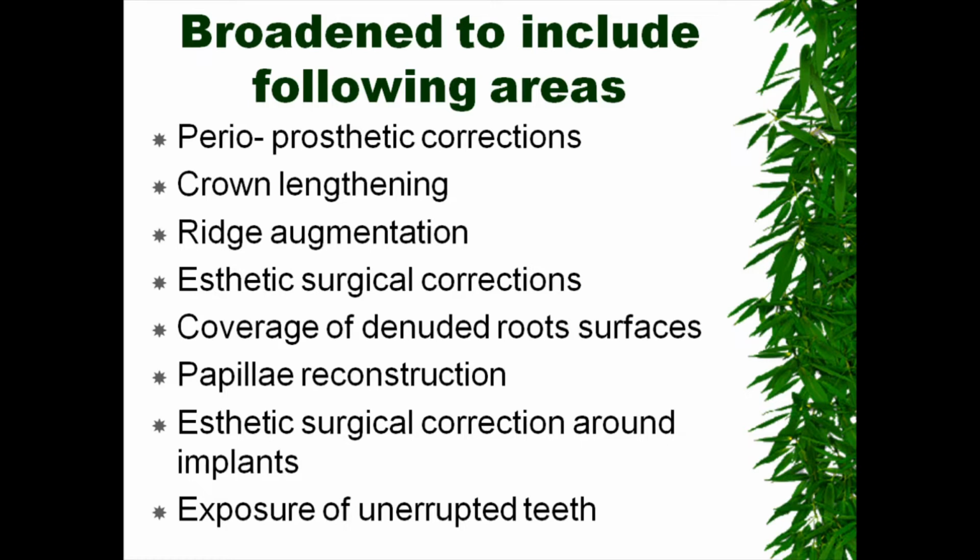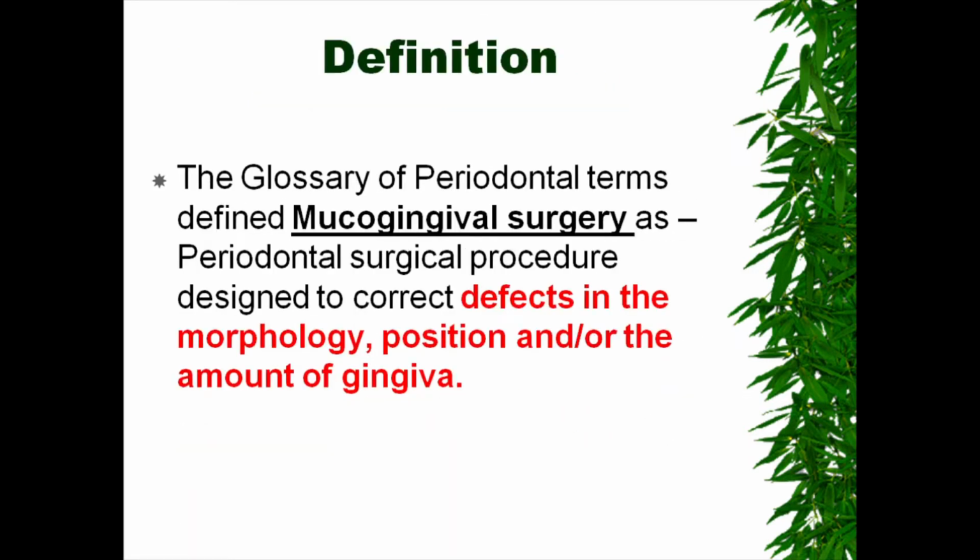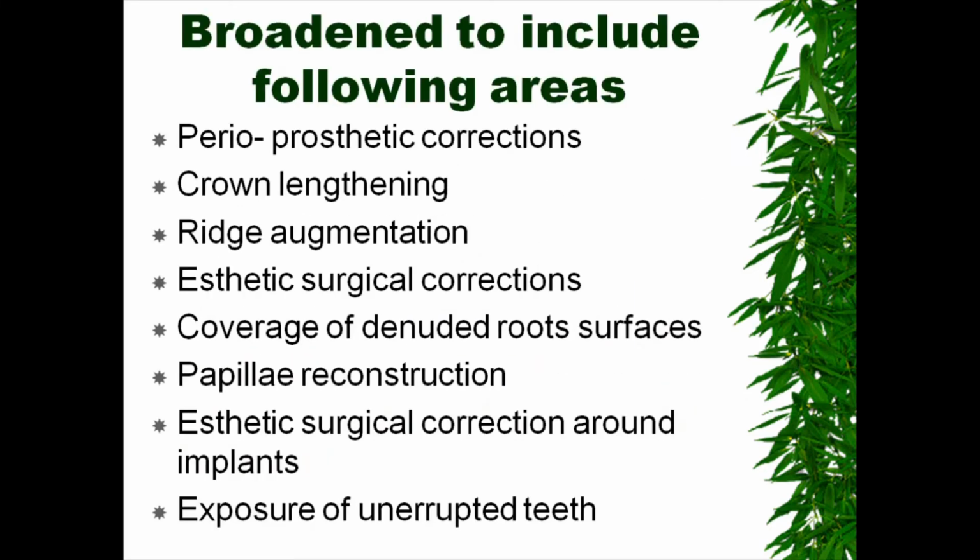Initially, mucogingival surgery focused only on the morphology, position and amount of gingiva, but perioplastic surgery included aesthetic surgical corrections also. So the terminology was changed to include perio-prosthetic correction, crown lengthening, ridge augmentation, aesthetic surgical correction, coverage of denuded tooth surface, papillar reconstruction, aesthetic surgical correction around the implant, and exposure of unerupted teeth.